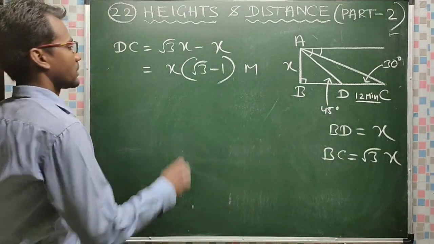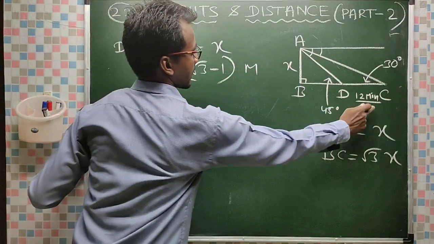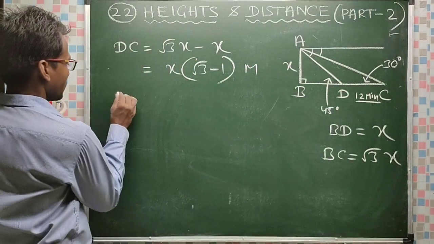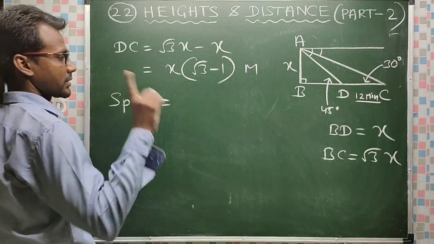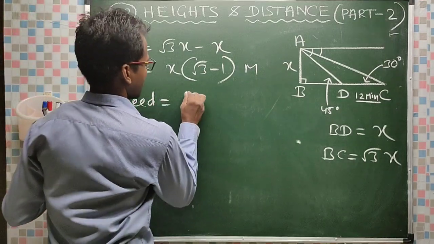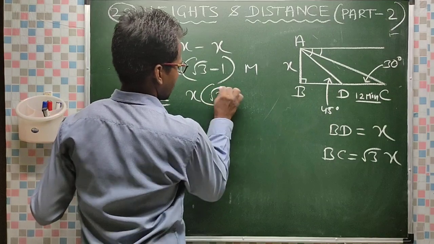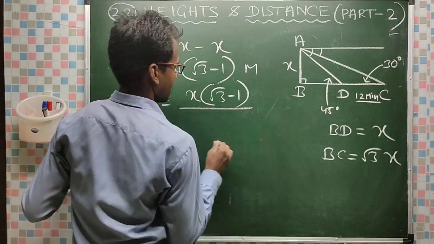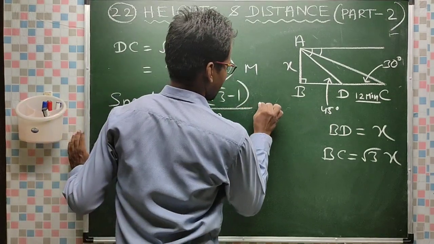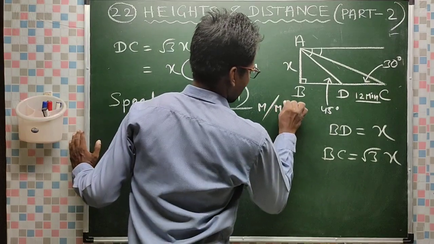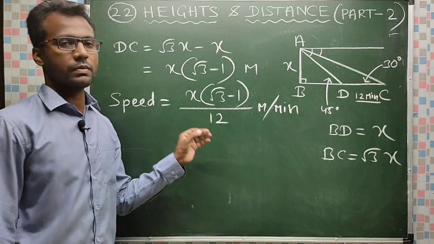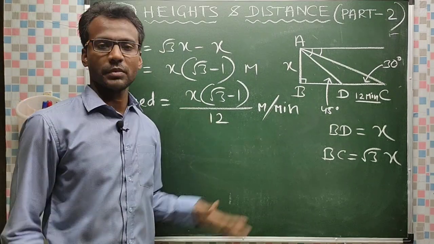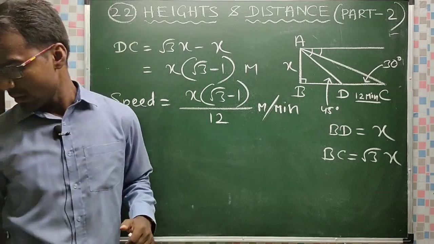So let us find the speed. This is distance, this is time. The speed is equal to distance by time, means x whole root 3 minus 1 by 12 meters per minute. This is the speed of the car.